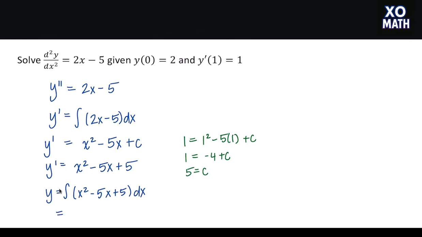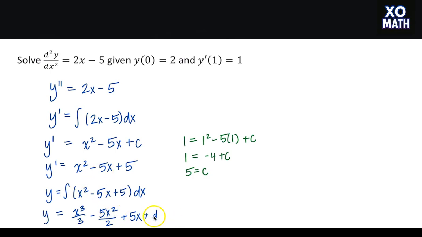So y is equal to x cubed over 3 minus 5x squared over 2 plus 5x plus, we'll use another constant since c was already used in this problem. Let's call it the constant d.